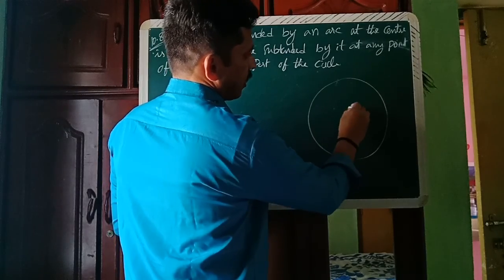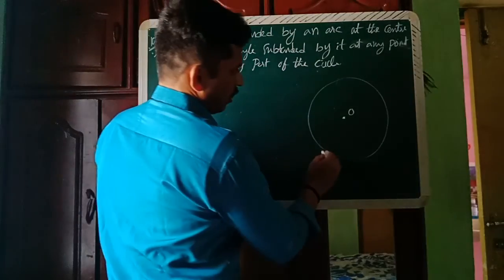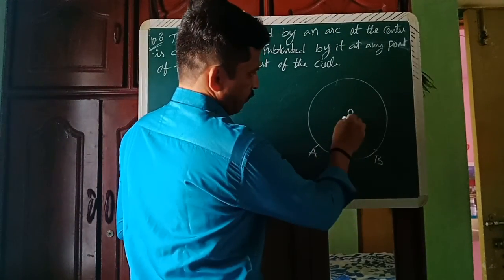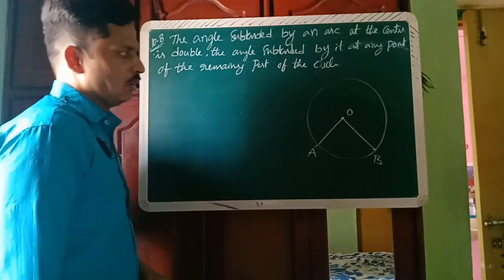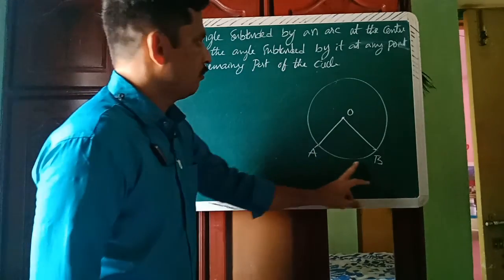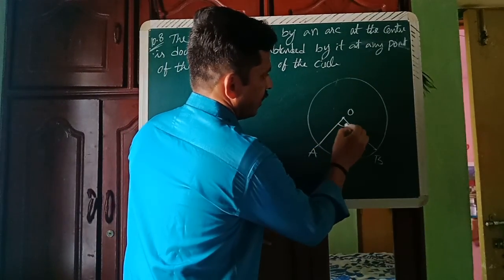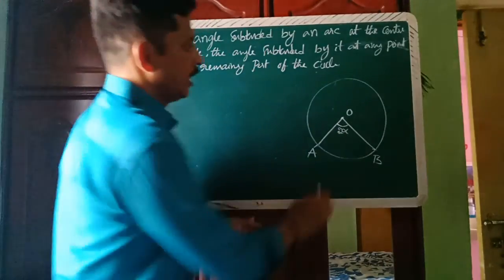This is the center of the circle, and an arc is subtended. I will take AB as the arc. If we join these two, the angle subtended by the arc at the center is double, that is, 2 theta.